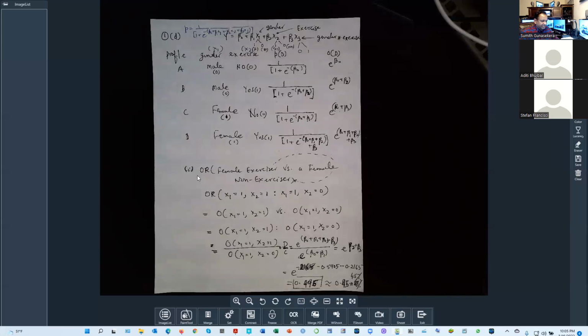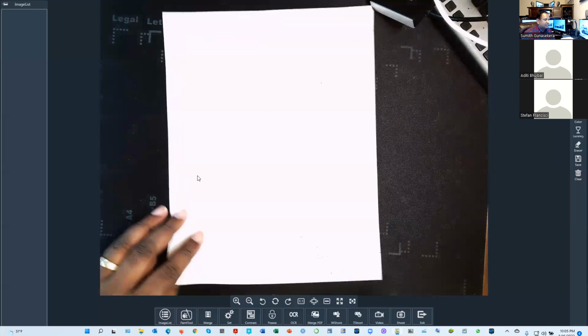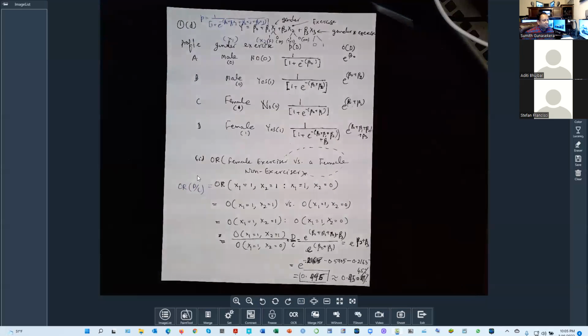D over C. That's what they were looking for. D over C, odds ratio.